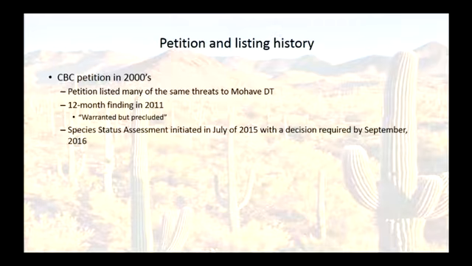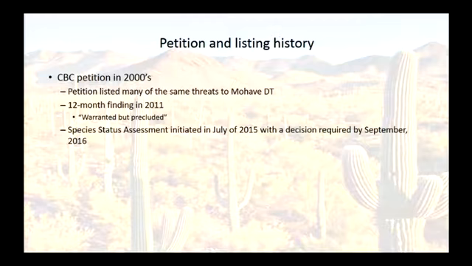And if it checks enough boxes, then it's going to rise to the level of warranting listing. So at that time, they decided that the species probably should be listed, but it was precluded. They had this weird purgatory category where warranted but precluded means that it's probably in bad shape, but we have other species that are in worse shape and take priority. So we're going to list them and deal with them first, and we'll come back to this tortoise later.